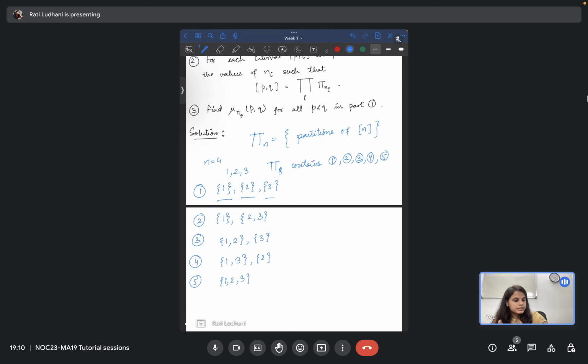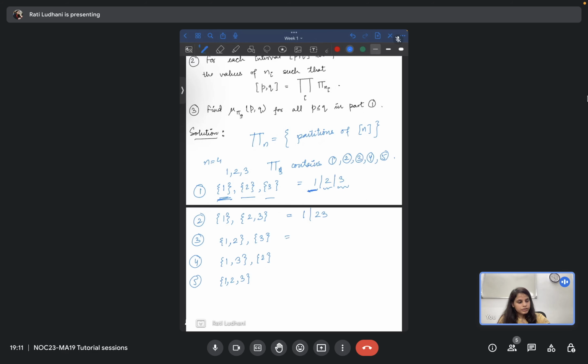As a notation you can actually write it like 1 | 2 | 3. These are blocks. Blocks means elements from the set which are in the same set; you write them in the same block. And there is an order to write as well. The least number should come first. For example, the block which contains 1 should be the first block.